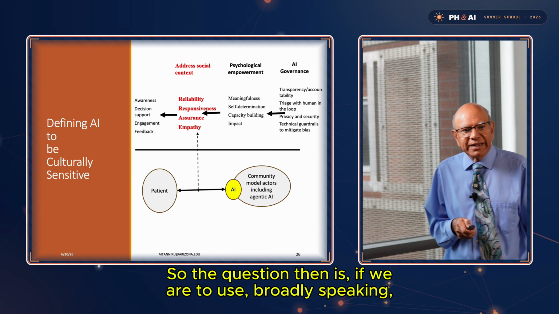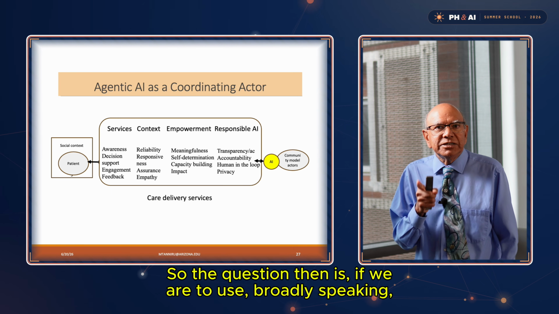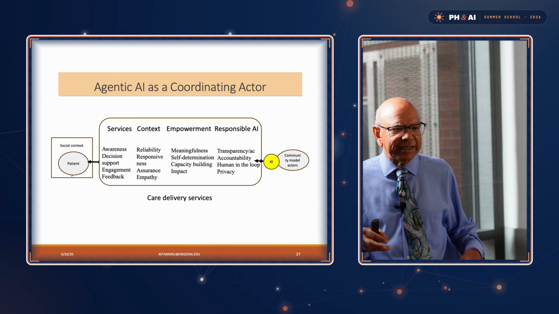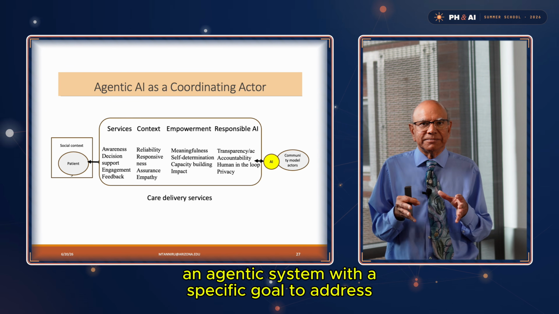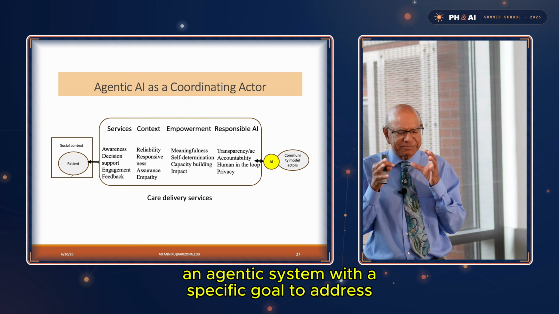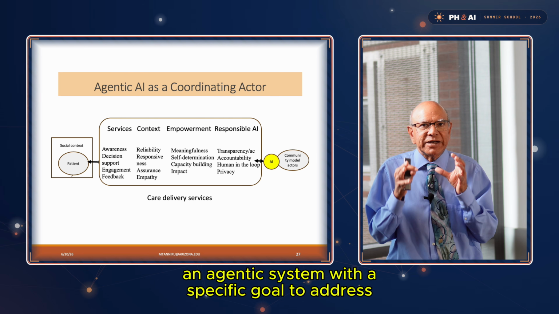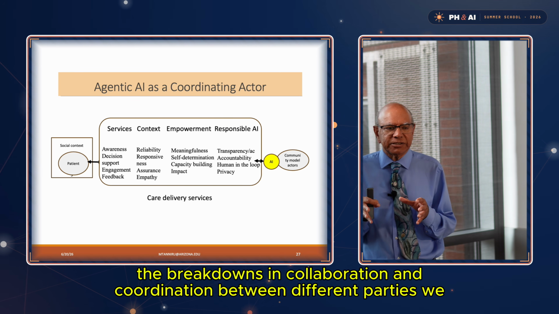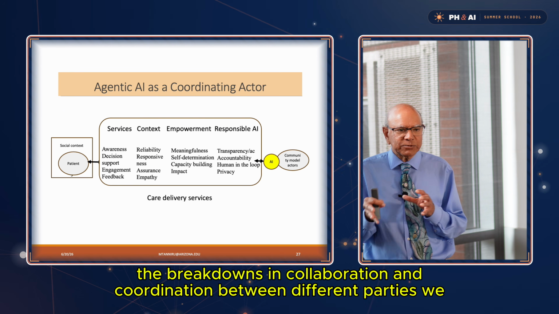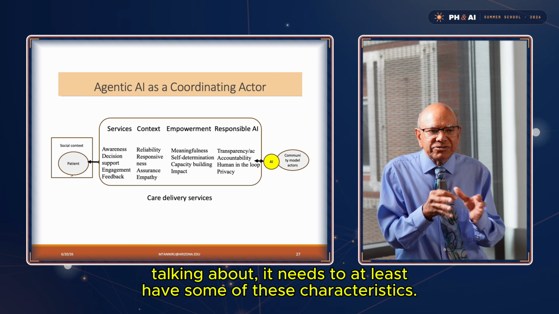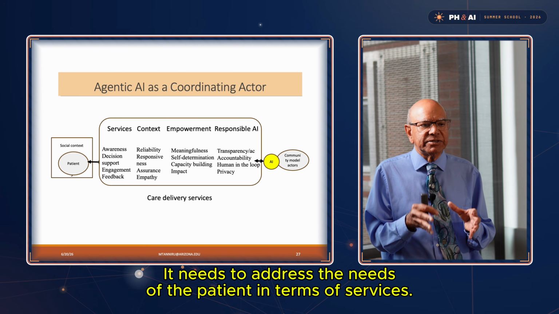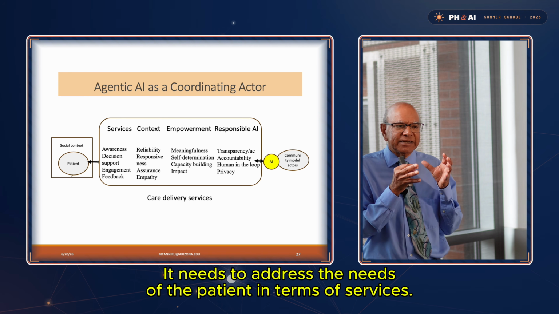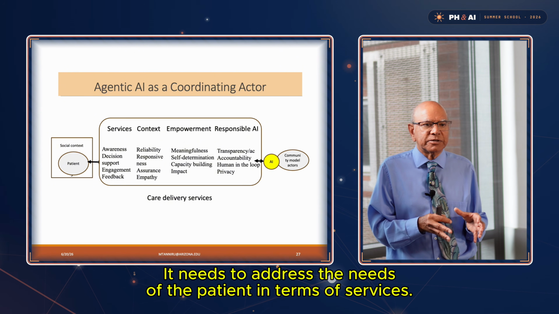So the question then is, if we are to use, broadly speaking, an agentic system with a specific goal to address the breakdowns in collaboration and coordination between different parties we are talking about, it needs to at least have some of these characteristics. It needs to address the needs of the patient in terms of services.